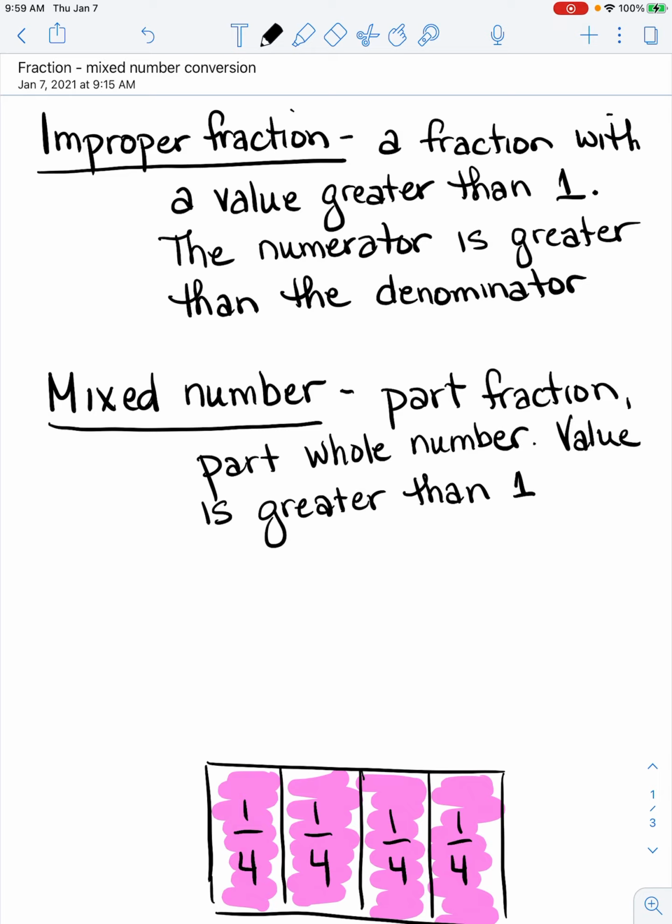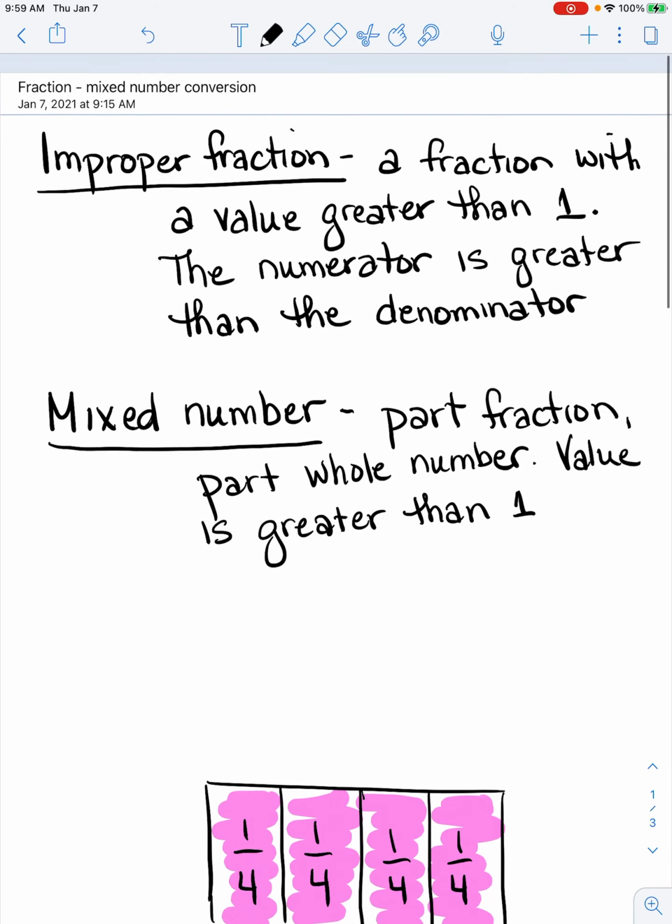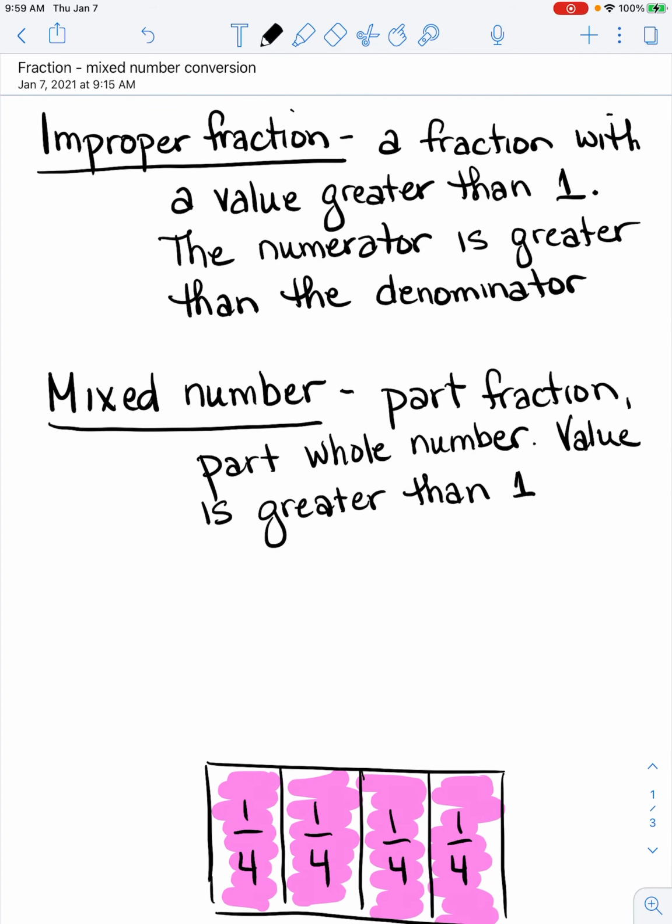An improper fraction is a fraction with a value greater than 1. And we know to recognize an improper fraction because the fraction has a numerator that is greater than the denominator. So anytime you see a fraction with a numerator greater than the denominator, that is an improper fraction.